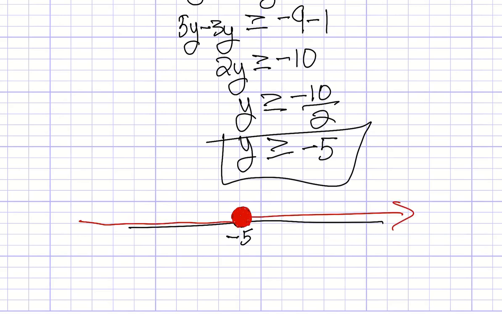Sorry about that, not to the other direction. It doesn't go that way. I'll show you, just give me a minute. It says y is greater than or equal to negative 5, so it goes in the other direction. All right, so once you do that, what do you get?